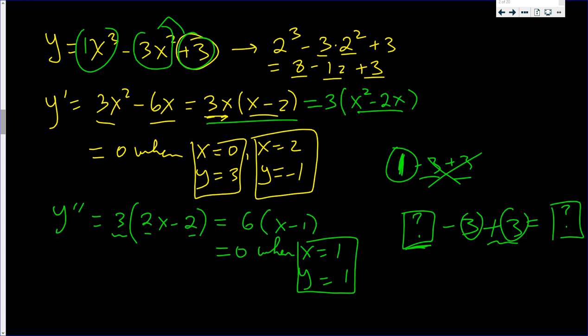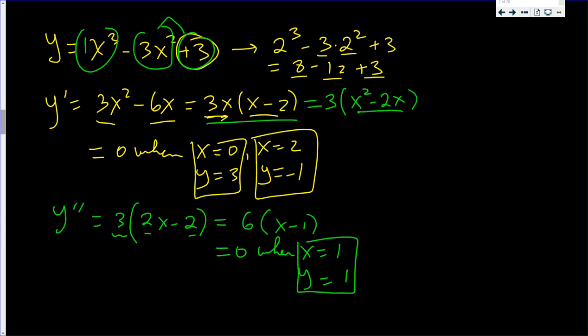Okay, so we found when the first derivative equals 0 and the corresponding y values, and when the second derivative was 0 and its corresponding y values. The next thing I would do is find out what you get when x is 0, but we happen to already have done that.